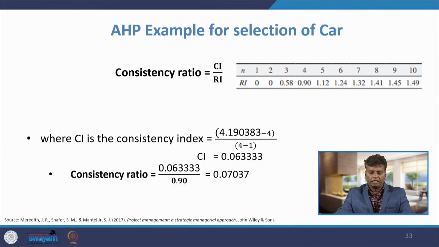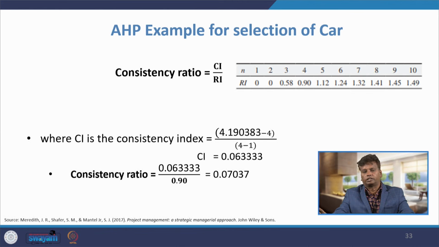When you divide consistency index by 0.90, you get 0.07. This 0.07 is less than 10 percent, that is, less than 0.10. We can conclude that the pairwise comparison matrix is consistent. Once we conclude that it is consistent, we can go for further calculation.